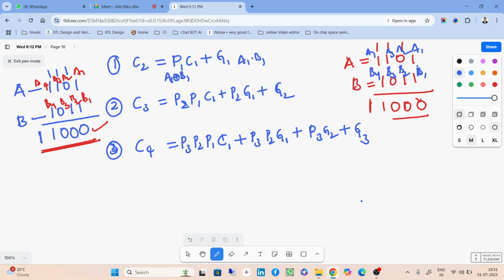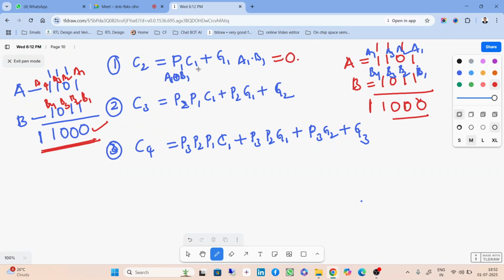So if you see this one, now tell me, what is P1? A1 XOR B1. 1 XOR 1, what will you get? 0, no?